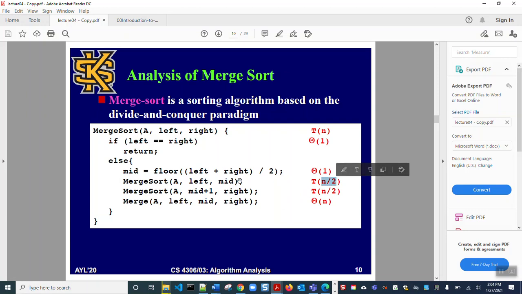This part will take T of n by 2, and the other part will take T of n by 2. The merging process will take theta n, because merging is adding two sorted parts together. The previous parts will already be sorted, so merging takes linear time, theta n.